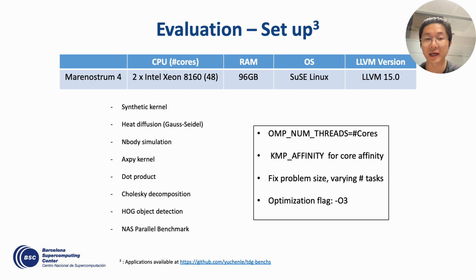They can all be accessed in my personal GitHub. The address is also given. On the right-hand side, I'm showing some environment variables to configure the execution, as well as the optimization flag, all used to compile all the applications.